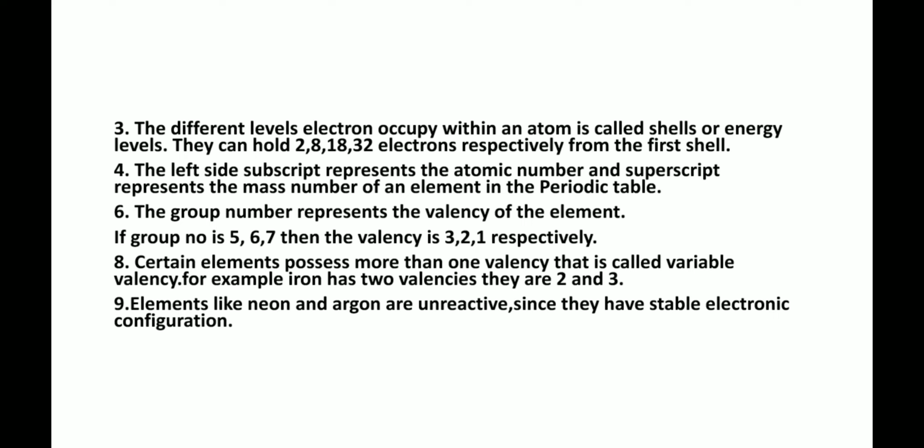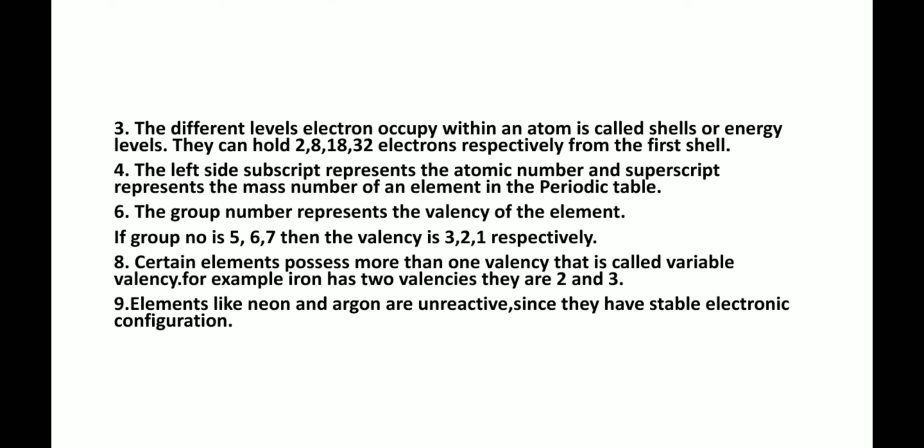Next, question number 6. How will you find out the valency of an element from the periodic table? Look up the valency of potassium, barium, lead from the periodic table. The group number represents the valency of the element. I repeat this answer.